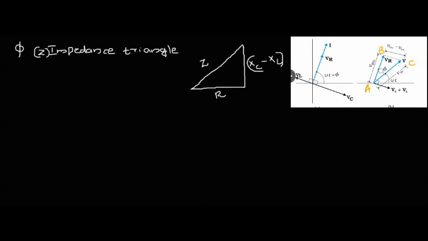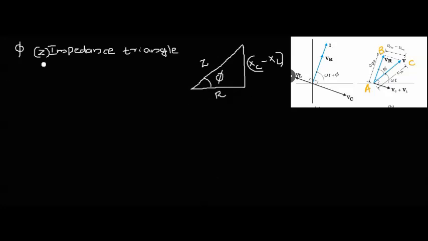And what is angle phi? Phi is the angle between the voltage phasor across the resistor and the total voltage. Similarly, in terms of resistance, phi will be the angle between the total resistance and the resistance across the resistor. Right. Why are we drawing the impedance triangle to get the value of phi?